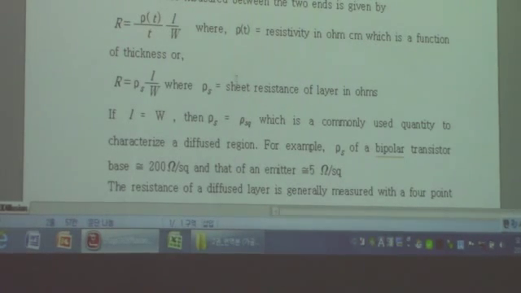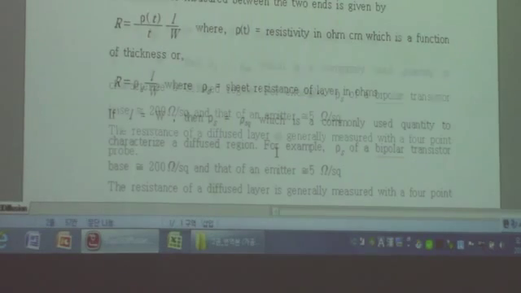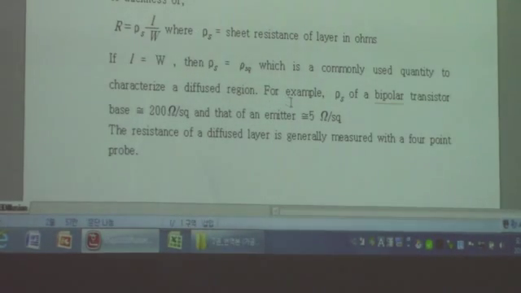This sheet resistance is usually used in the industry, and we call this square resistance, like 5 ohm per square and 200 ohm per square. That is a typical number for the bipolar transistors and so forth, okay?